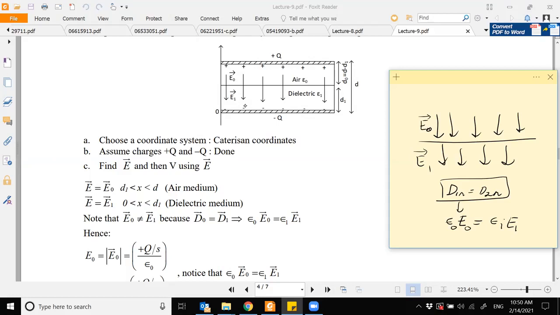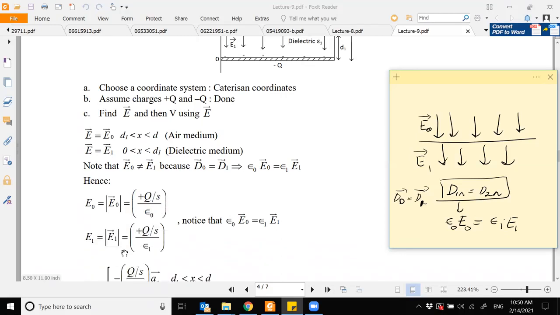Got it? In terms of vectors, D1 bar is equal to D2 bar, so epsilon 0 E0 bar is equal to epsilon 1 E1 bar. Your E0, which we have just got for free space, is Q over S epsilon 0.